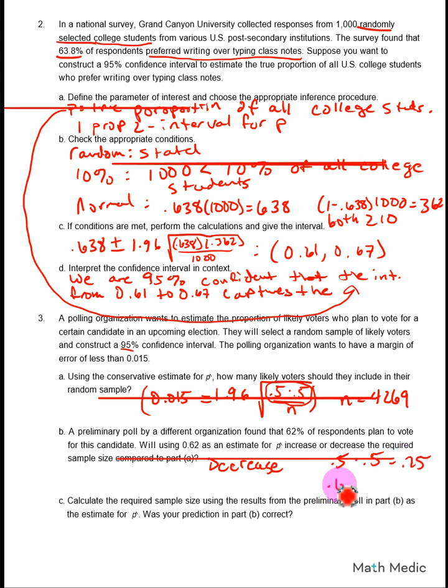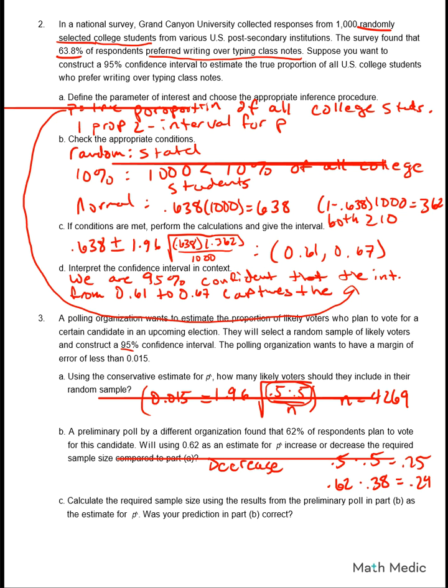Then we'd have 0.62 times 0.38, and that comes out to about 0.24, which is smaller, which would make our margin of error smaller.